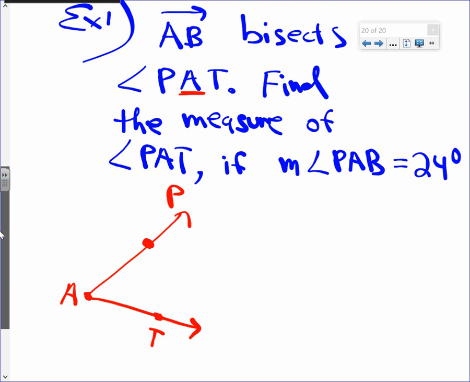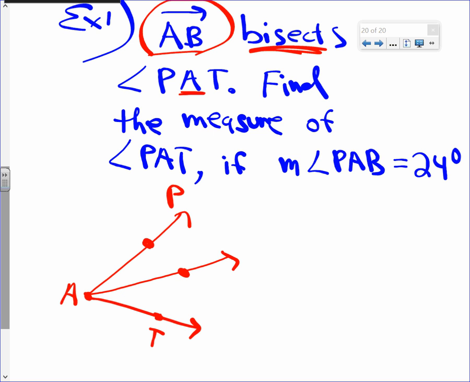Okay. We're not done with the first sentence, though. Let me draw ray AB now. What does bisect mean again? Cut in half. So I'm going to intersect, but in a way that cuts it exactly in half. Watch this. I'm going to draw ray AB cutting this puppy in half. Here's point A. Here's ray AB. Chopped it right in half.